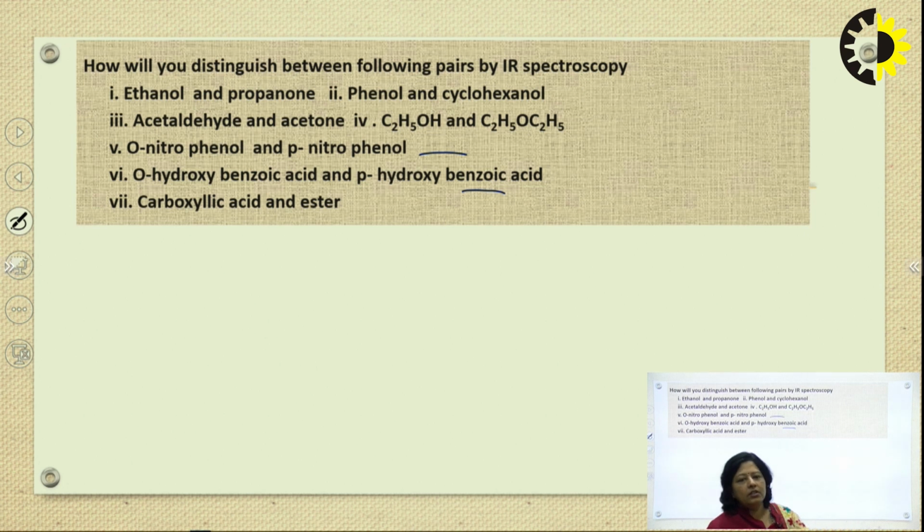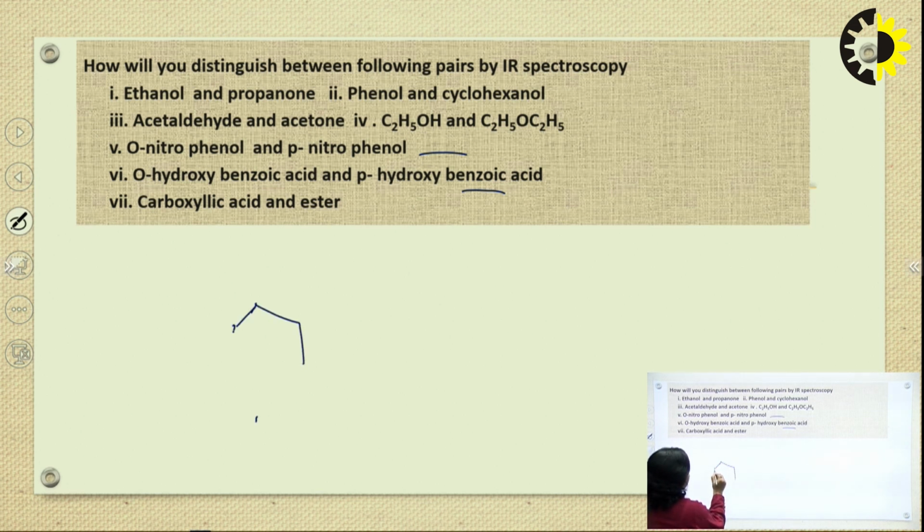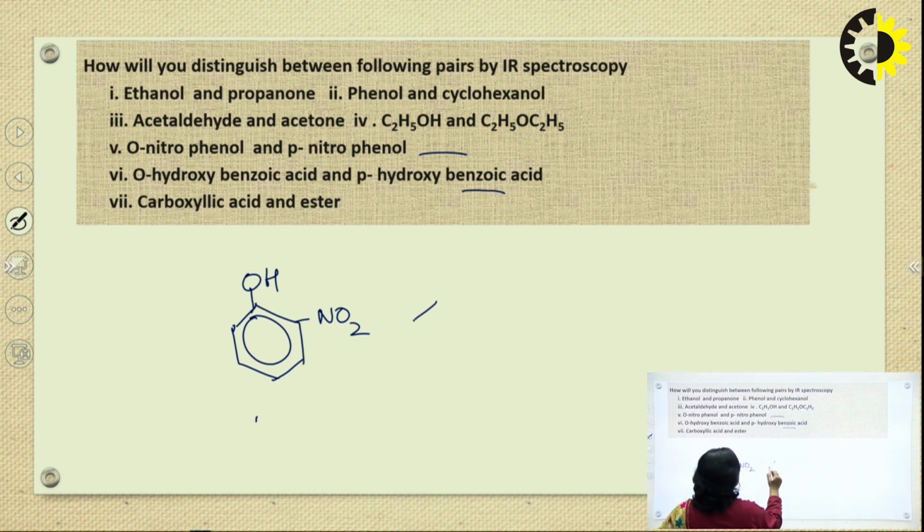Orthonitrophenol and paranitrophenol, these two are differentiated because one will have intramolecular hydrogen bonding, and the other intermolecular hydrogen bonding. This is orthonitrophenol, and this is paranitrophenol.